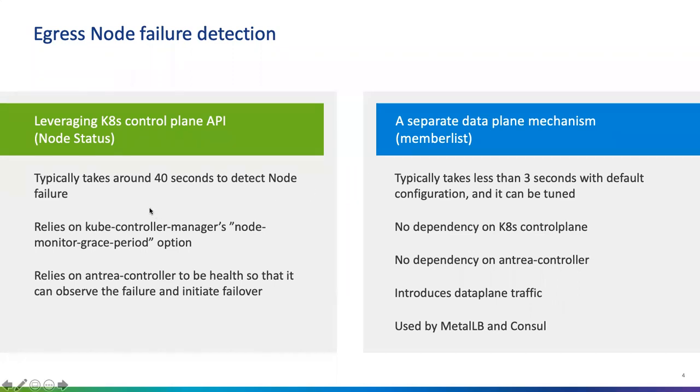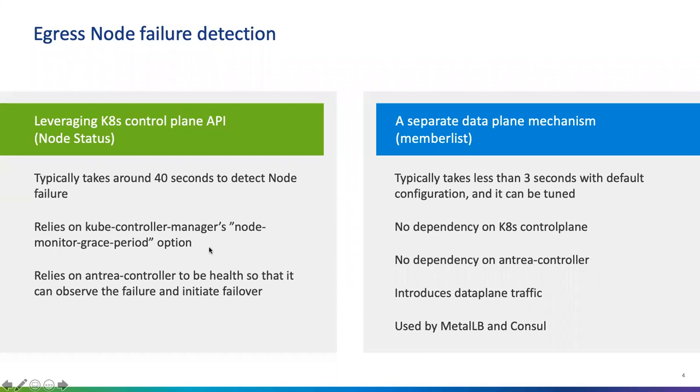In my test, it typically takes around 40 seconds to detect a node failure. This is because Kubernetes gives some grace period before it marks the node as unhealthy.